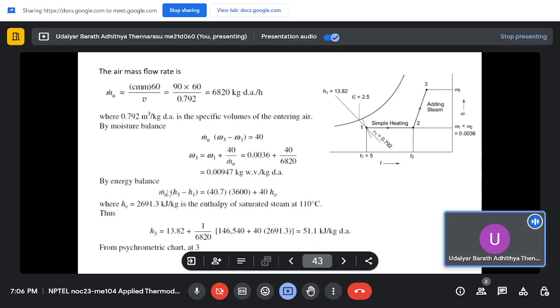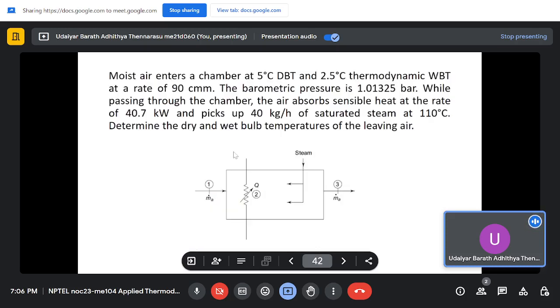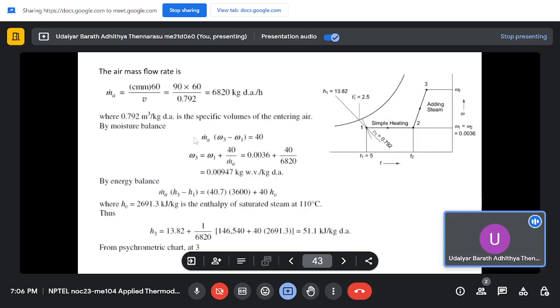m dot a into h3 minus h1 will be equal to 40.7 into 3600. So this is 40.7 kilowatt.